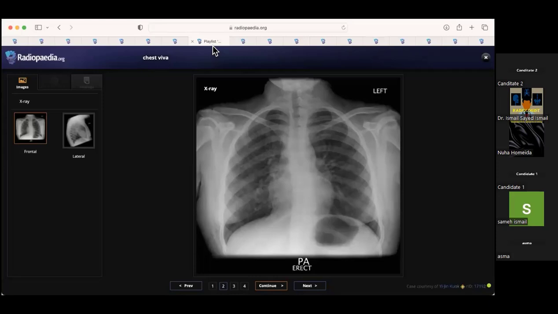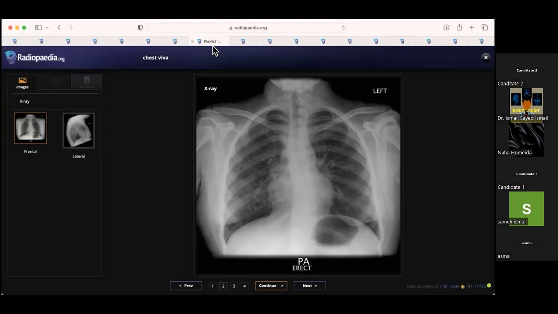The most striking abnormality is a diffuse prominent interstitial lung marking, a reticular pattern involving both lungs, and there is no zonal predominance for this abnormality.